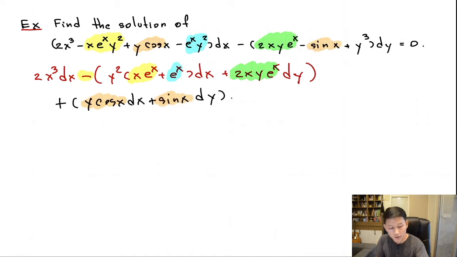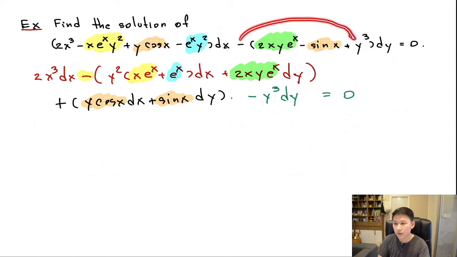You have no minus because it's minus minus, actually plus here. Makes sense. And then the last part is minus y cubed dy equals 0. Minus y cubed is actually from this minus y cubed. You have minus because you have minus in the parentheses.